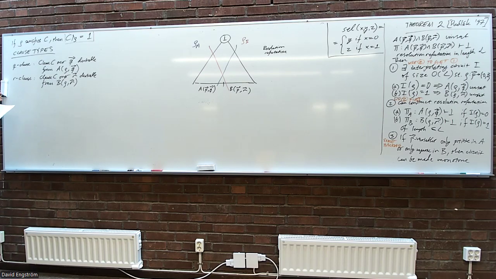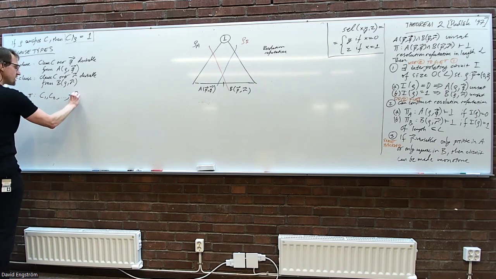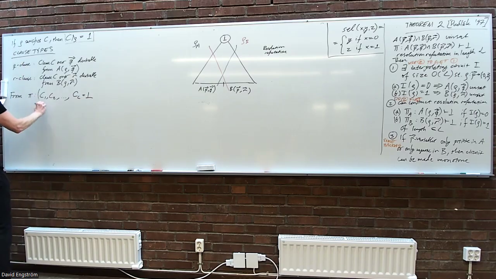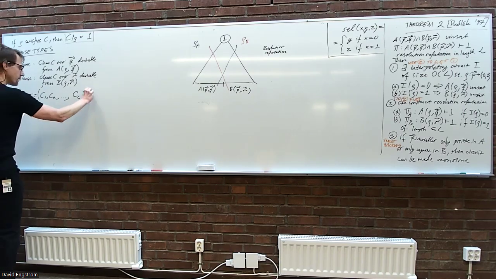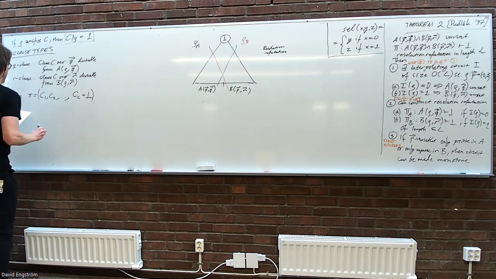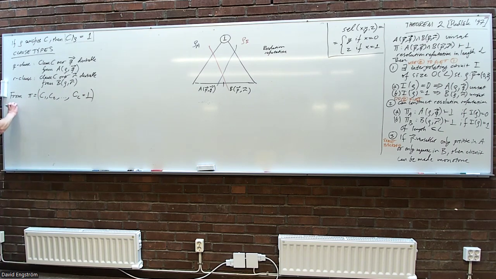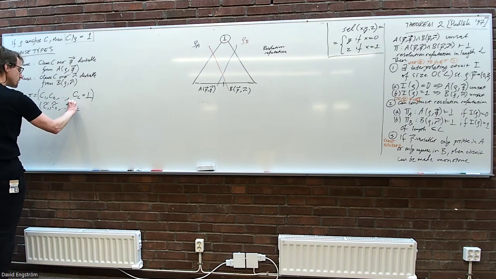Okay, now we'll start with part 2. So we look at our refutation pi, C1, C2, all the way up to CL, that is contradiction. This is pi. We are going to construct a sequence of clauses pi tilde, C1 tilde, C2 tilde, up to CL tilde.